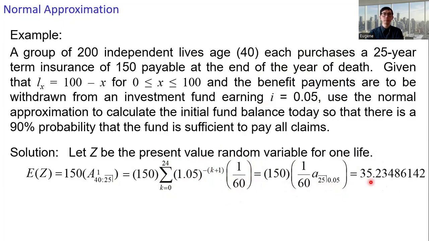The second moment: the square of the death benefit amount, 150 squared, times the second moment of a 25-year term insurance.